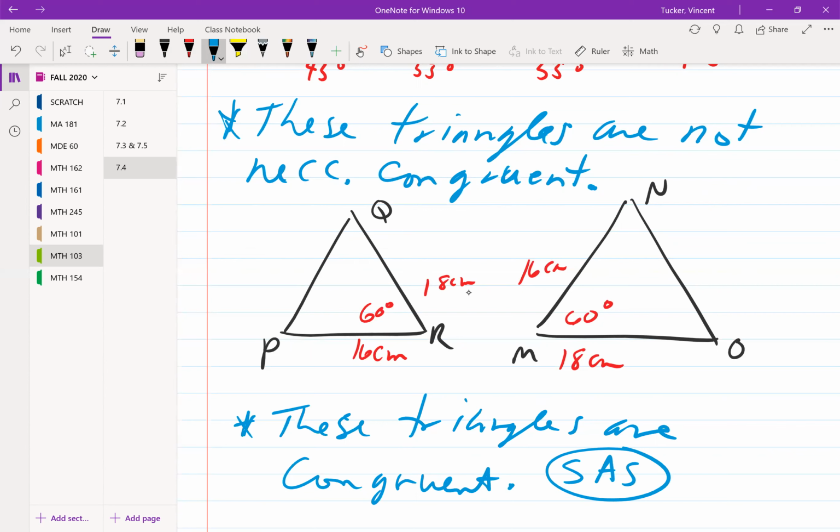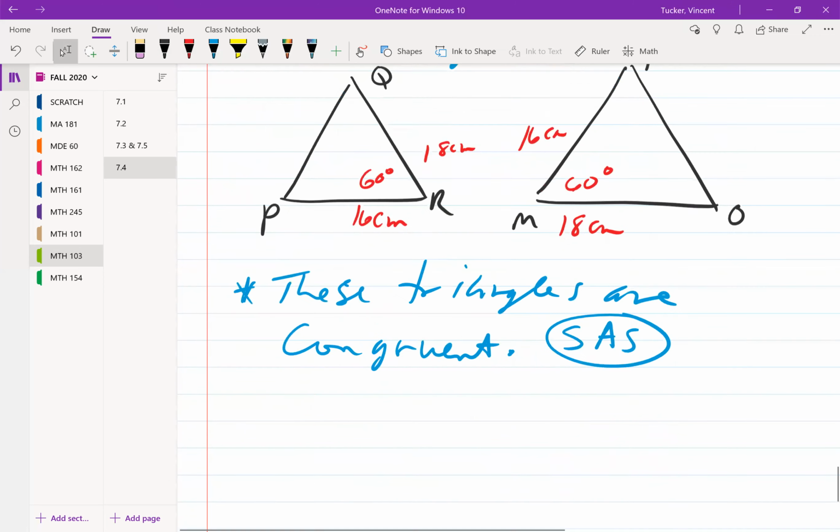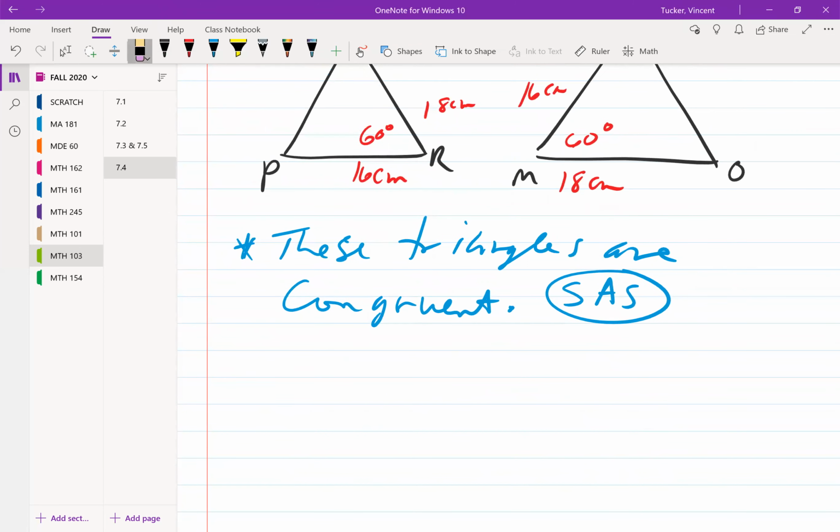All right. One more, and then we'll be done with this section.